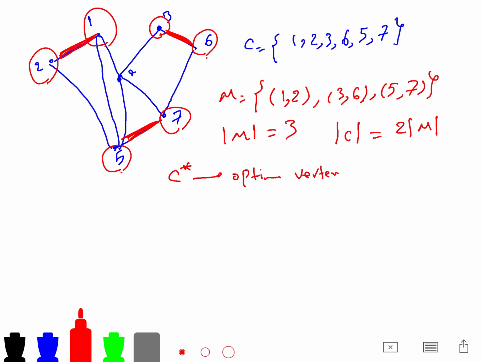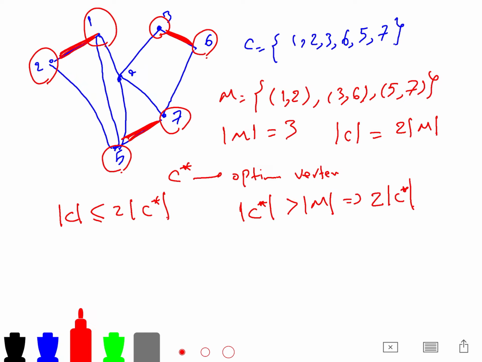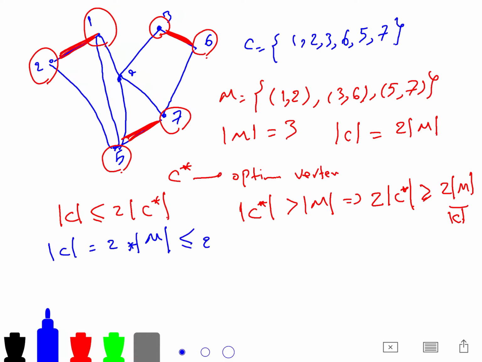And it is obvious that the cardinality of C is less than 2 times C star, because C star must cover every edge in M, and hence C star contains at least one of the endpoints of each edge, and this means that C star should be greater than or equal to M. So we can conclude that C is 2 times M, which is less than 2 times C star. So we got an upper bound for C, so we approximate it, and it is a 2-factor approximation.